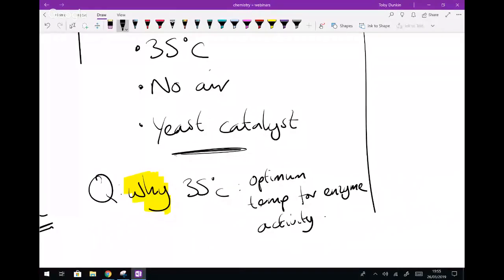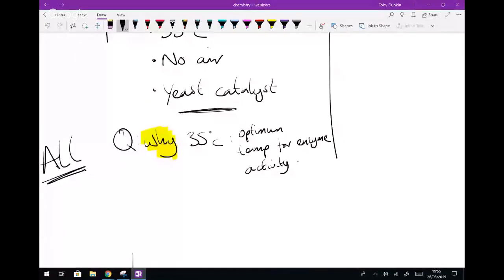If it asks for 2 reasons, that's the top reason, our survey said, top. You can't just say optimum temp. It's not enough. You must say for enzyme. If they ask you for 2 reasons, the second one is optimum temp for yeast growth. But the first one is the top answer. If they want one, quote that one.